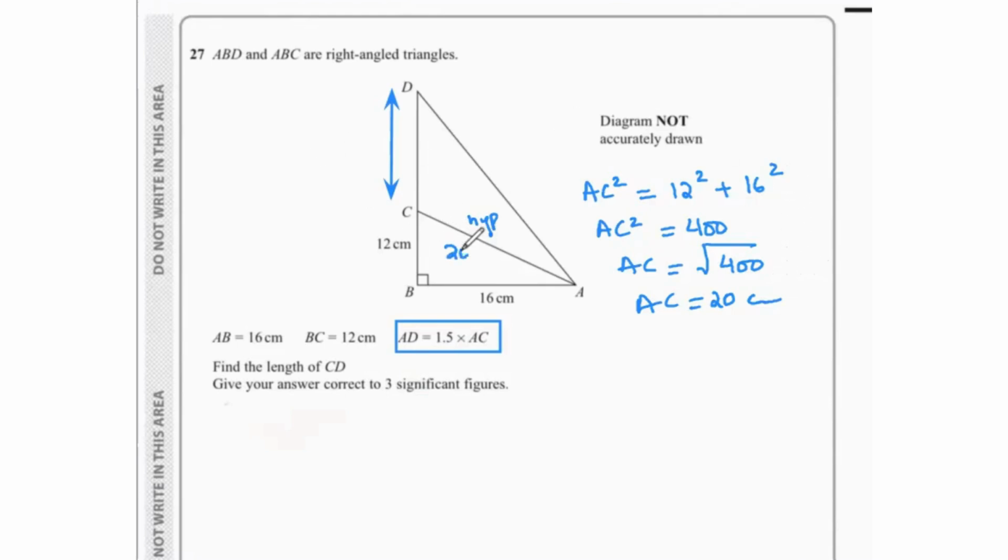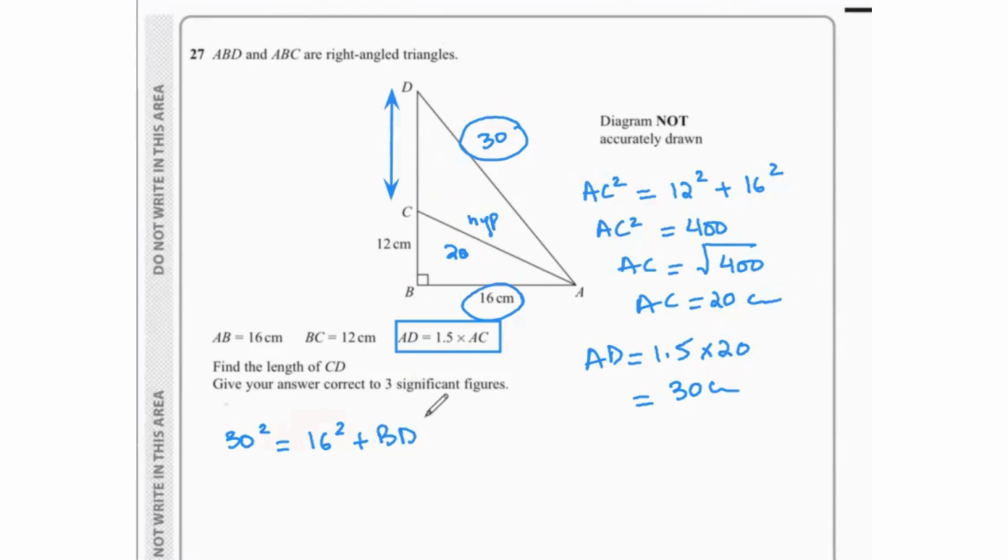Now, if this is 20, AD would be 1.5 times 20. That gives us 30 centimeters. So for the triangle ABD, we have this and this, we can again use Pythagoras to find BD. 30 is the hypotenuse, so 30 squared equals 16 squared plus BD squared.